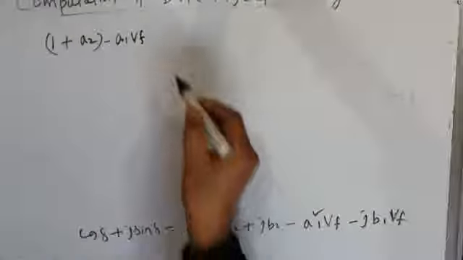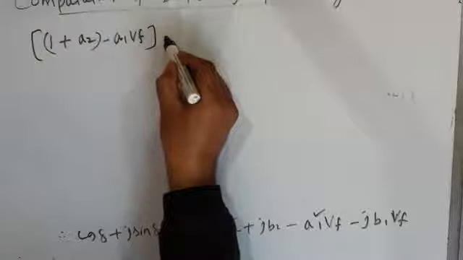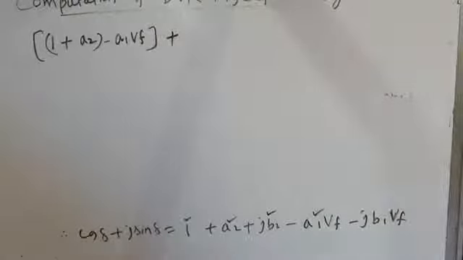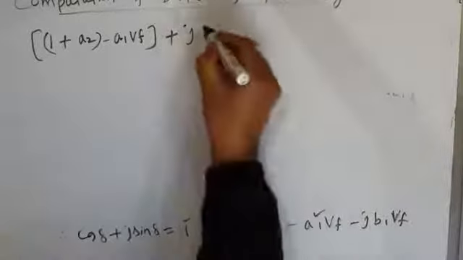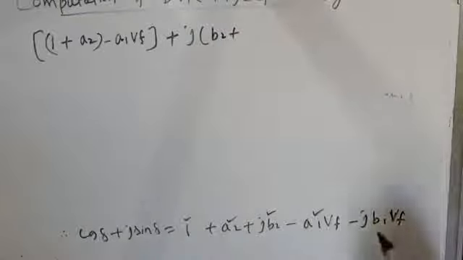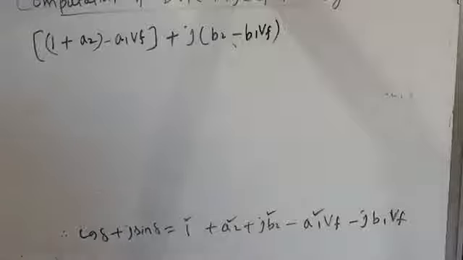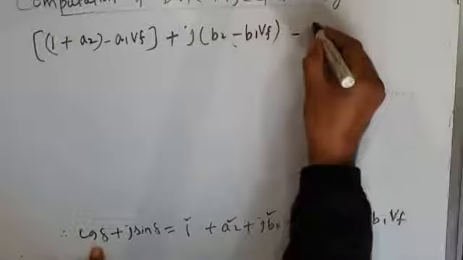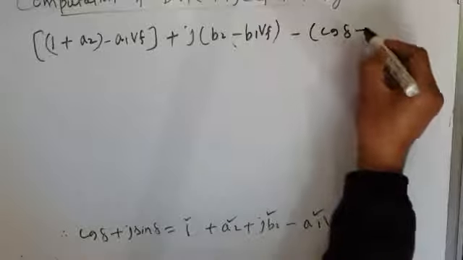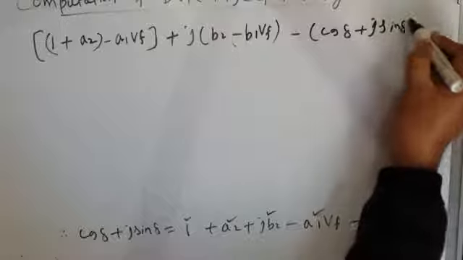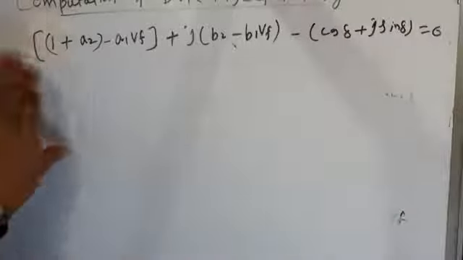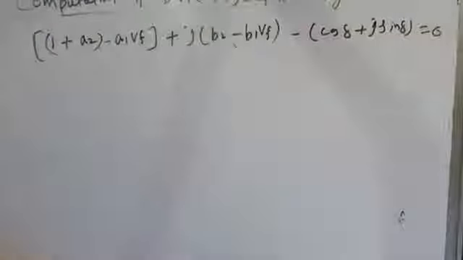Okay, let us keep this separate. After that, the reactive part. Plus J times B2, plus any other reactive part? Yes, this, minus B1 Vf. The 1 I have already written. After that, I will bring the cos delta plus J sin delta to the right hand side, so that the whole expression is equal to 0. Now what I will do, I will square each real component and reactive component of the equation.